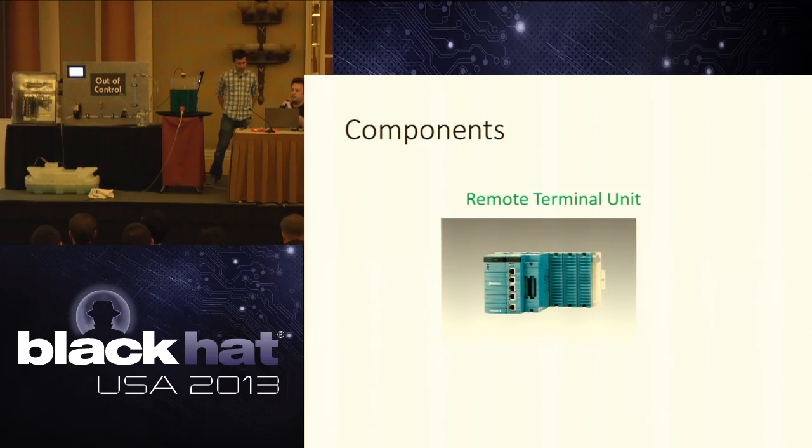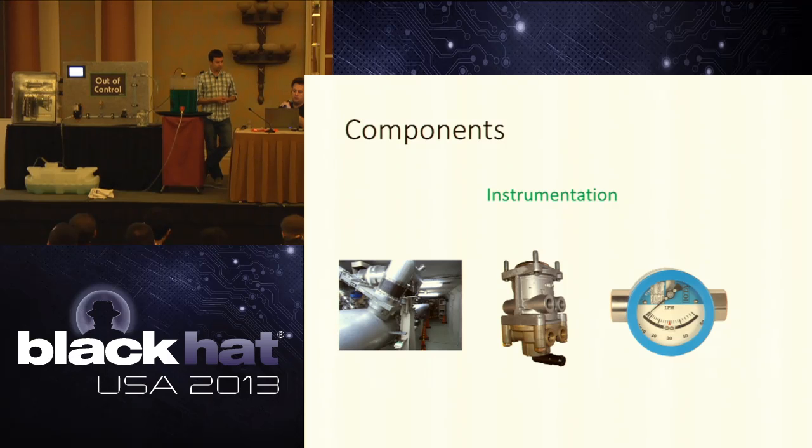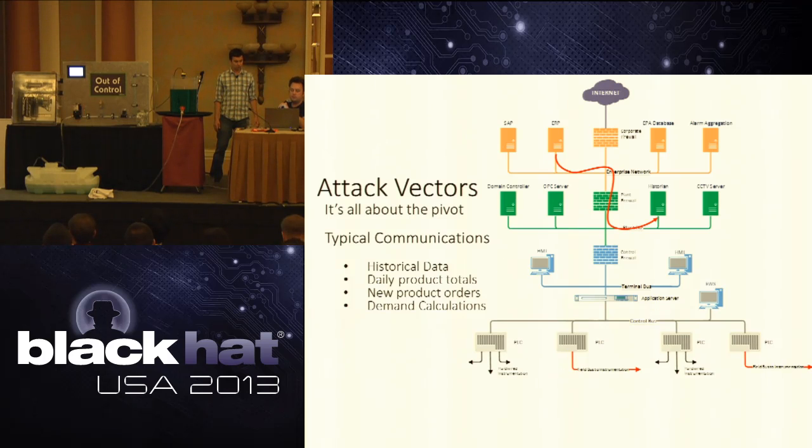An RTU is very similar to a PLC. It might have some more capabilities and more logic available. So instrumentation is in our demo just the pump, the valve, and the level sensor here. That's kind of sensors and devices you're controlling in the field.